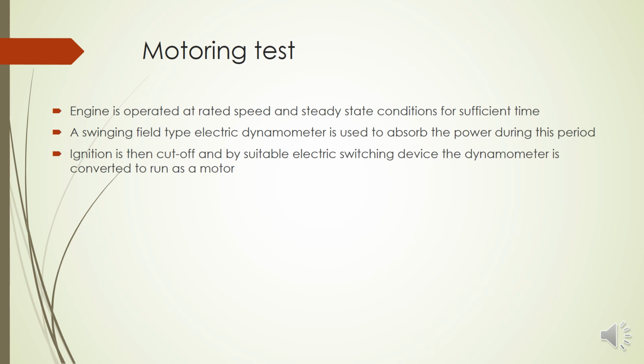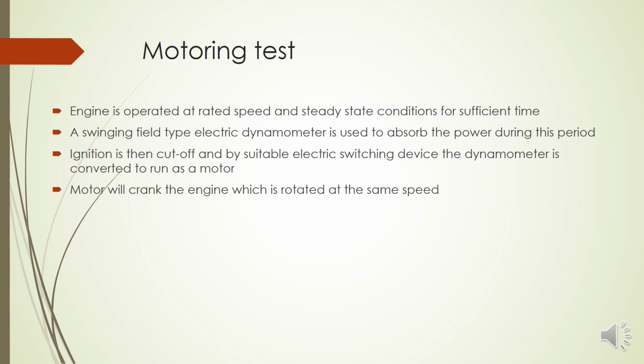It will give energy to the engine for running, because we are cutting off the engine. Now firing is not there, the engine would stop, but we are setting the dynamometer to run as a motor, and this motor will crank the engine at the same speed.